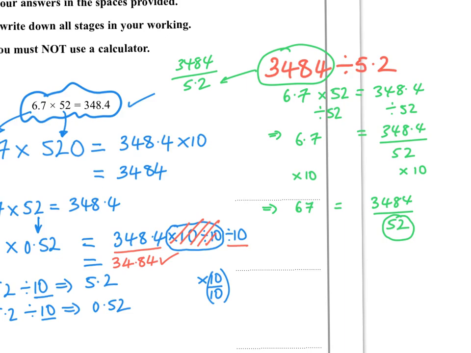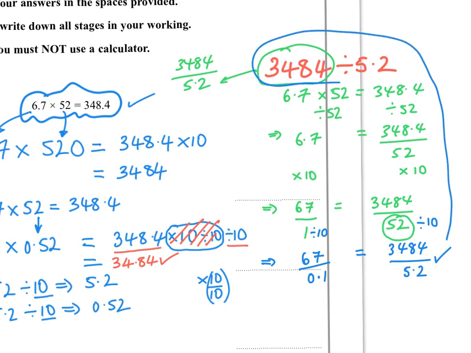So what I have to do is, if I call this 67 over 1, this is my way of doing it, I would divide this denominator by 10 to make it 5.2, then I'd have to do the same to this one. Now, I think you'll understand this. If you have 67 divided by 1/10, well, 1/10 is 0.1, and then we have 3,484 here, and 52 divided by 10 is 5.2, so we definitely have what we wanted here.